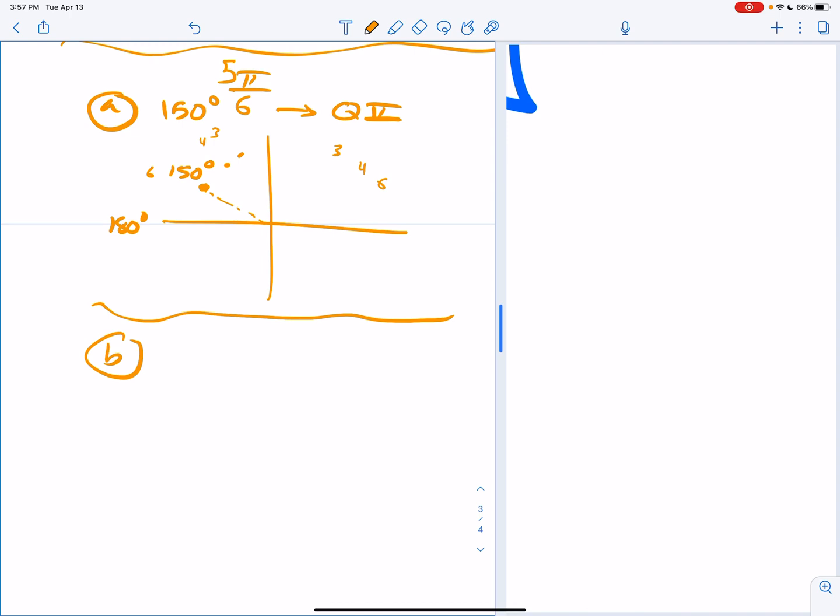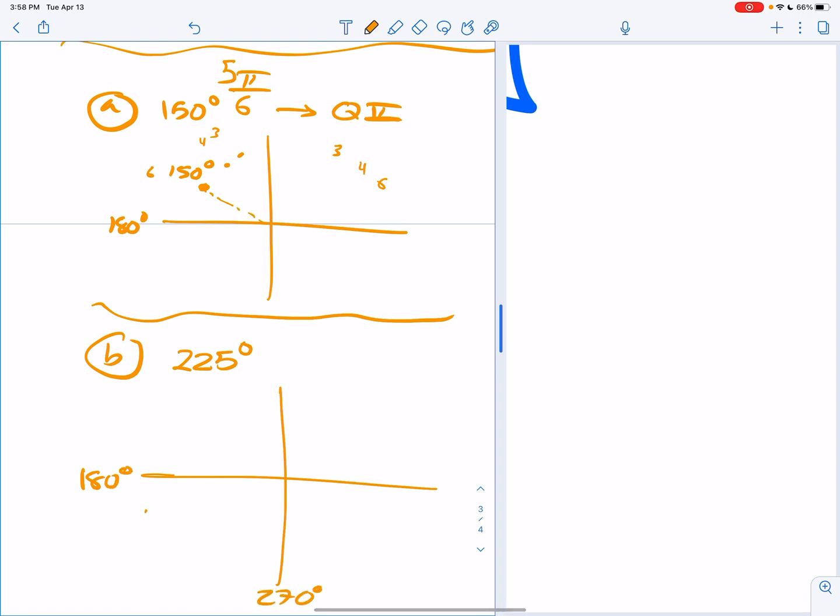Let's say I gave you 225 degrees, okay? Think about where you are and think about which point that is, okay? Press play when you're ready. So I know 225 is definitely surpassing 180 and a little bit less than 270.